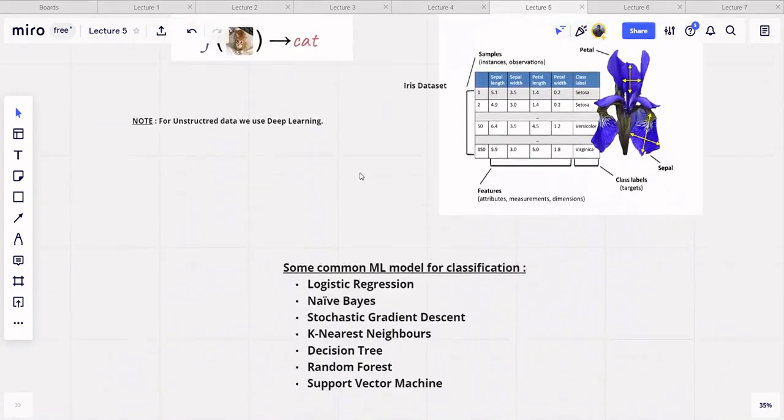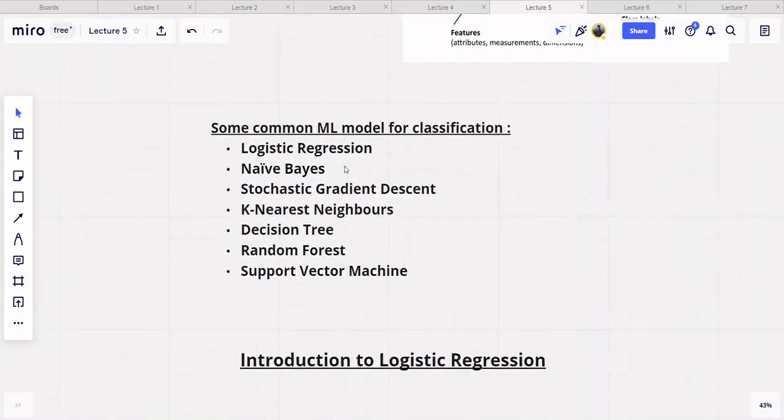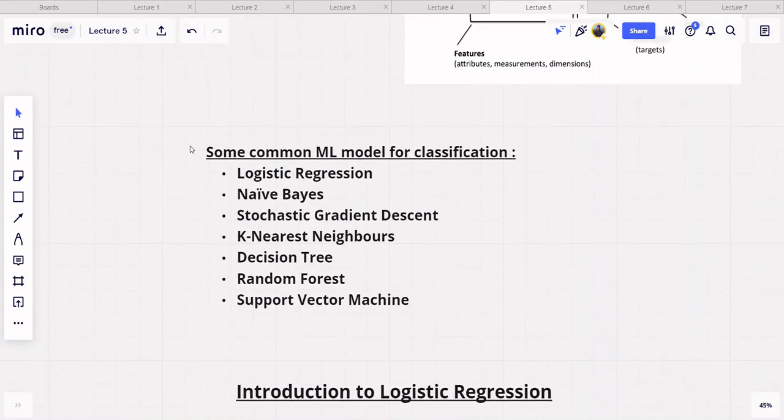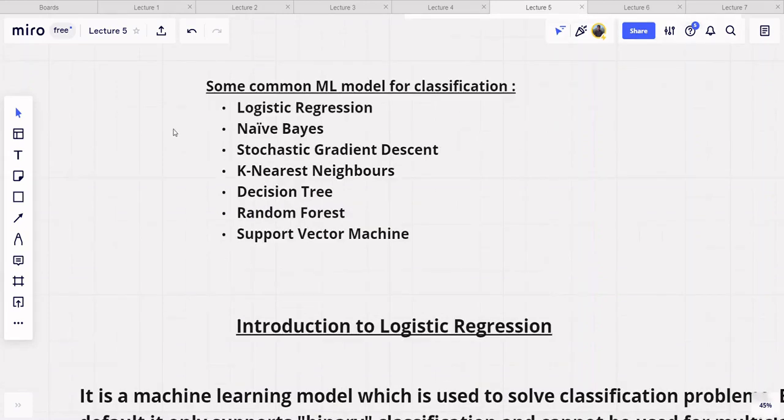Now some of the most common and most popular machine learning models for classification problems are logistic regression, k nearest neighbor, and decision trees. All of these are some of the most common and widely used machine learning models. In this particular video we'll be looking into logistic regression, which is the simplest and most fundamental classification model.